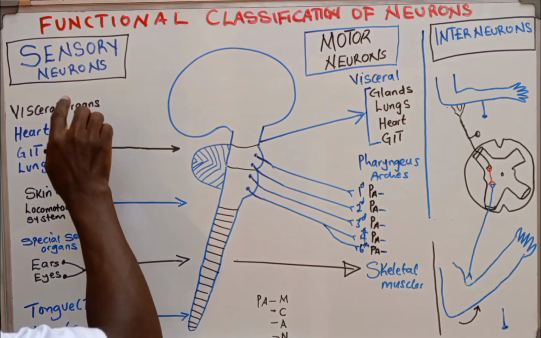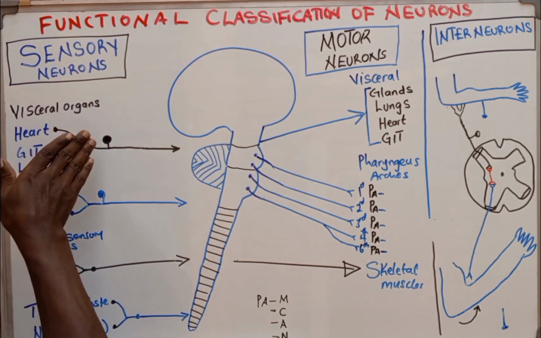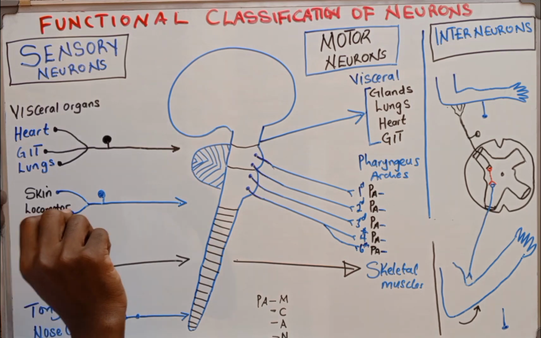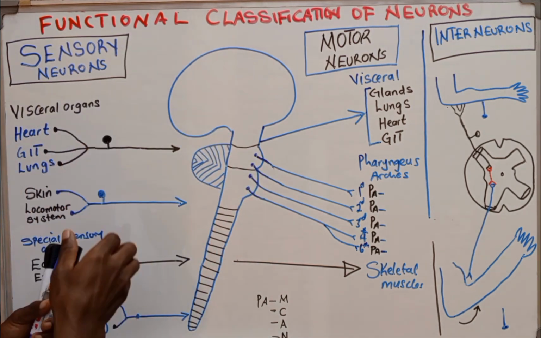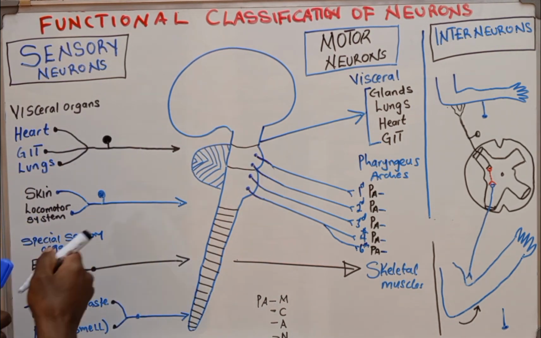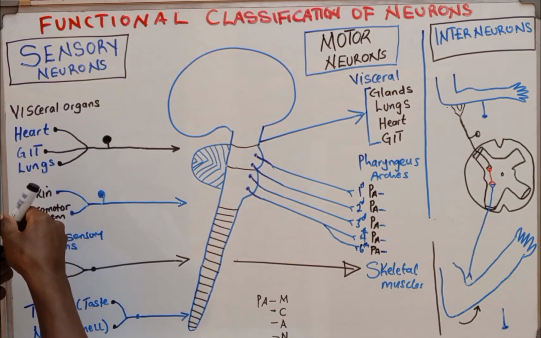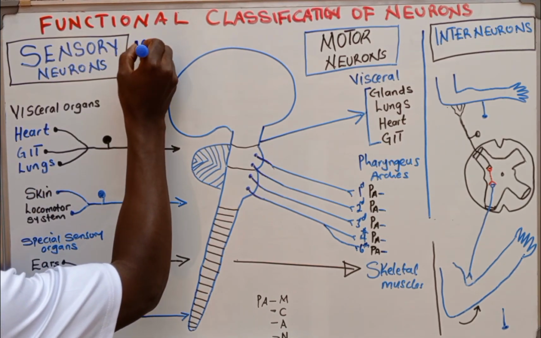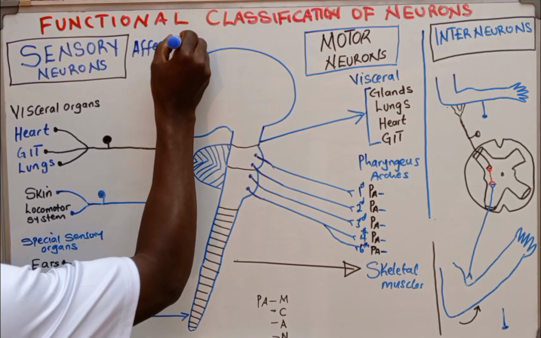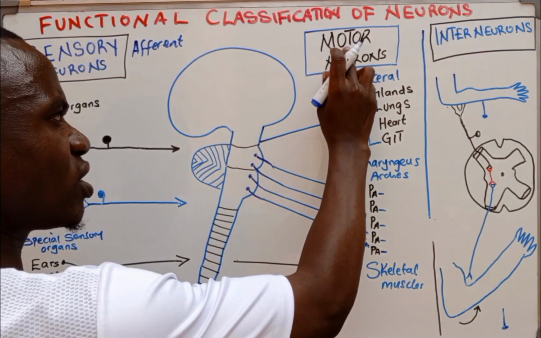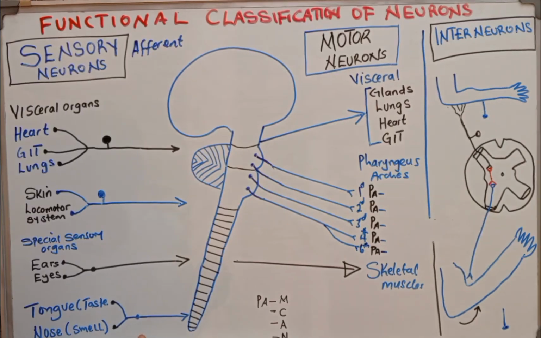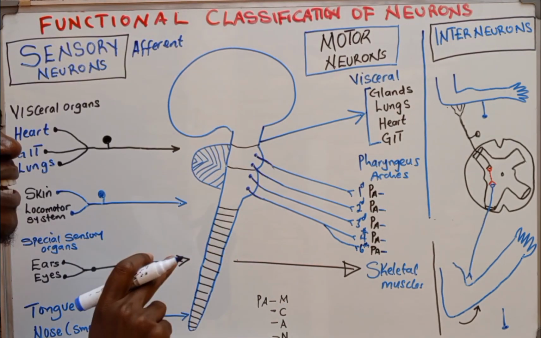Because sensory neurons are taking the information to the central nervous system, they are accessing the central nervous system. For that reason, sensory neurons are what we call afferent. And because the motor neurons are taking the information away from the central nervous system, it means the information is exiting.